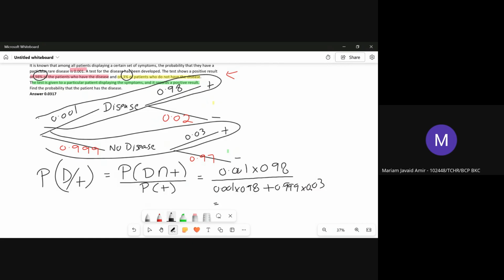So numerator would be 0.001 times 0.98 divided by 0.001 times 0.98 plus 0.999 times 0.03.